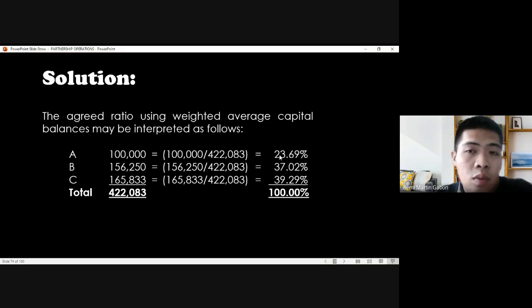For A we have 23.69%, for B 156,250 over the total we have 37.02%, and for C, 165,833 over the total we have 39.29%, a total of 100 base. So make use of these percentages. You can have it rounded off to 2 decimals. Okay, I advise round it off to 2 decimals.